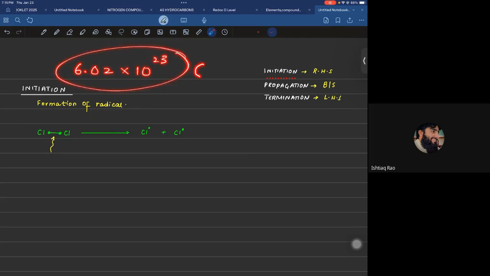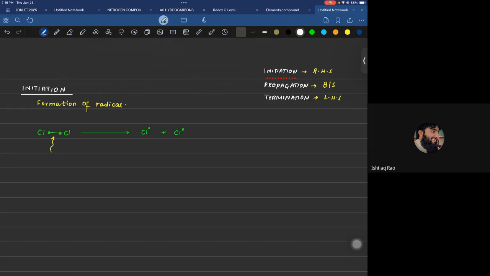That many molecules of methane. So to save our time, to save the work, to save the place, I would be working on only one molecule of methane. You can expect that the rest of the molecules of methane would be experiencing the same thing. That's why I'm saying it's a chain reaction.